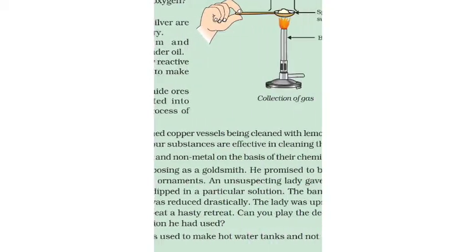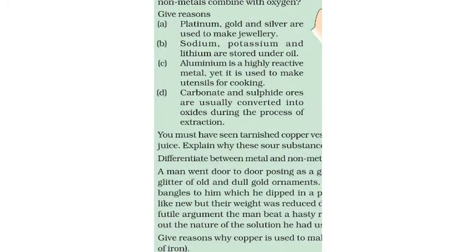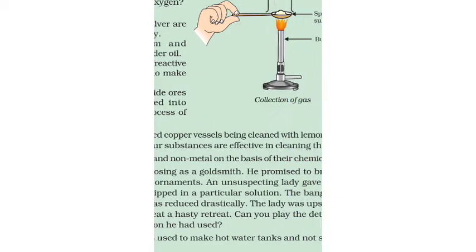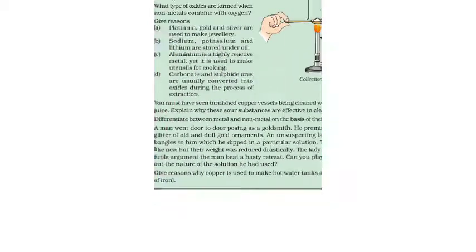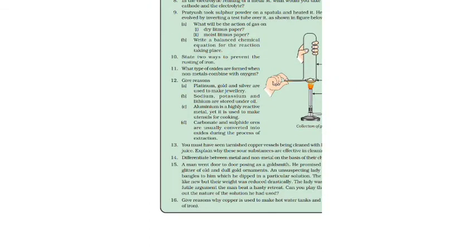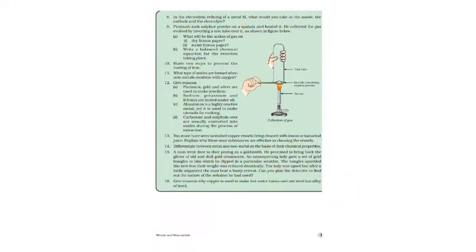Explain why these sour substances are effective in cleaning the vessels. Copper, when exposed to moisture, gets tarnished due to the formation of basic copper carbonate. Lemon or tamarind juice contains organic acid. These acids react with the basic copper carbonate and clean the surface.